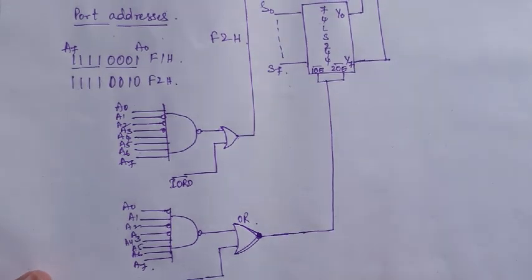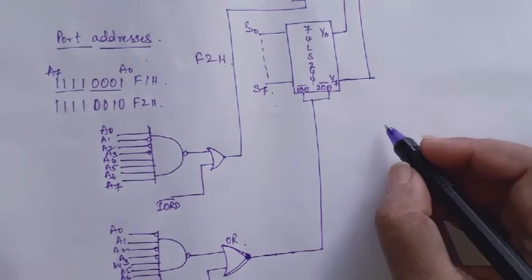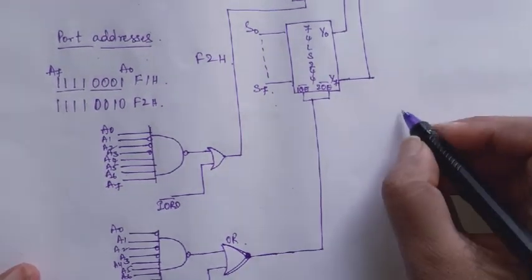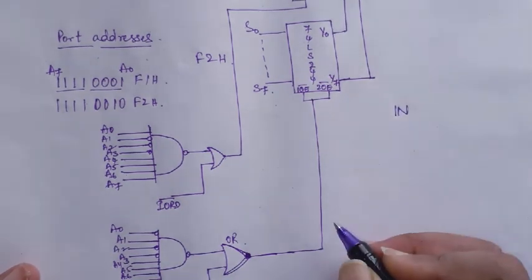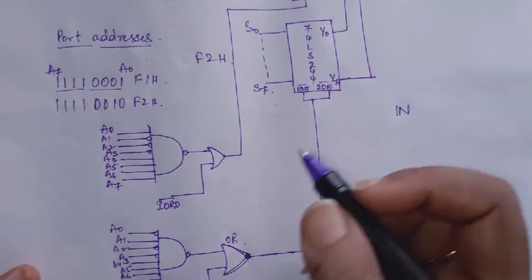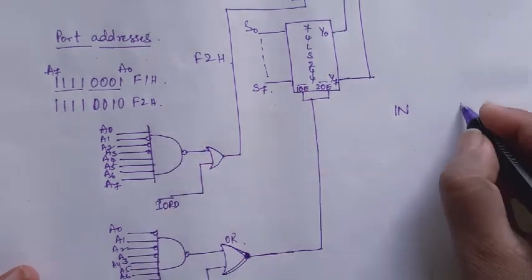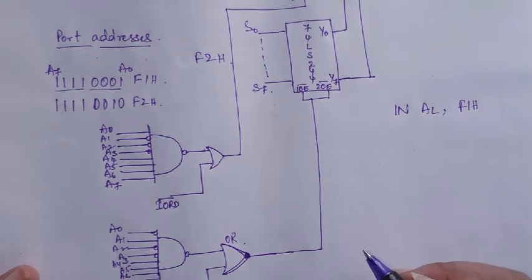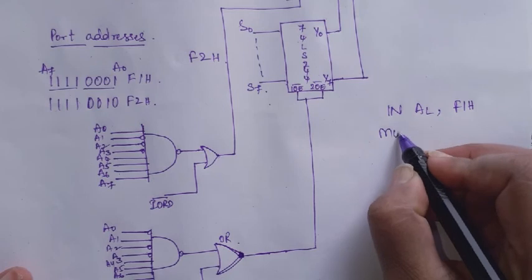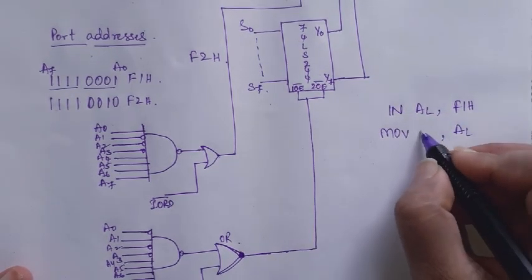To read the data from the first set of switches, what must be the instruction? The IN instruction must be used. So IN, what is the address of that first switch? It is F1H. So from F1H, read the data to the AL register. Then we can store this data in some other register.